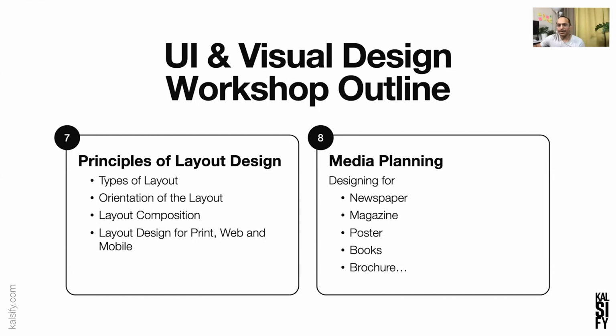Similarly, it's important to understand for what medium we are designing the product, the screen or the artwork, because until we understand the limitations of that particular medium, it will not be easy for us to create that design. So understanding the medium is also very important, and that's what I'll try to cover.